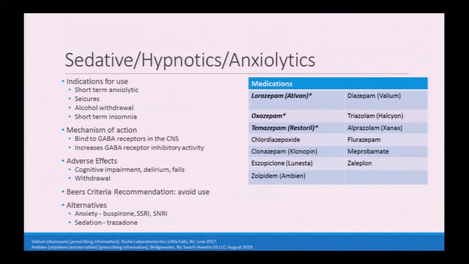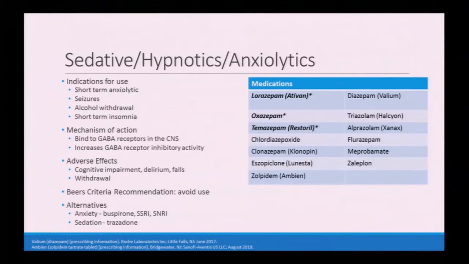The Beers criteria recommends avoiding their use, but typically these medications can be restarted on hospital admission, especially if you're worried about a patient withdrawing from them, or they may have alcohol withdrawal, or they may be on these long-term. So it's important to consider that when you're looking at a medication history.